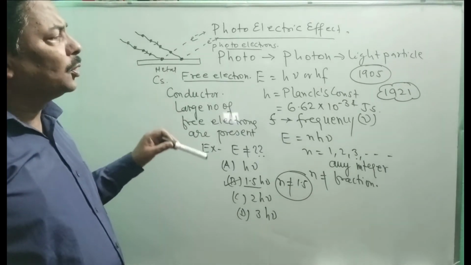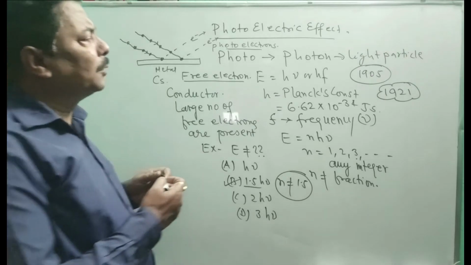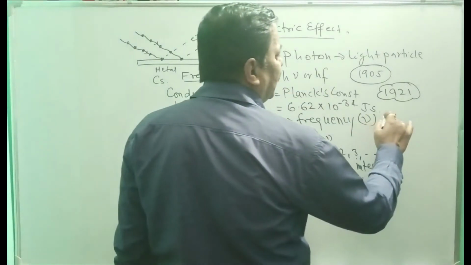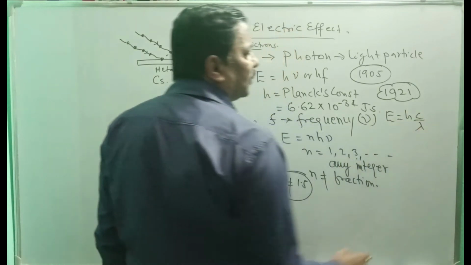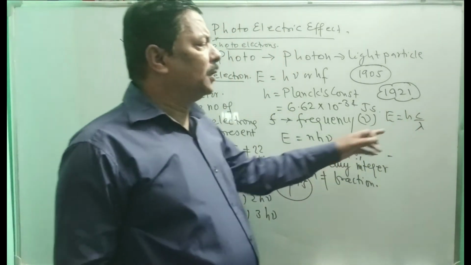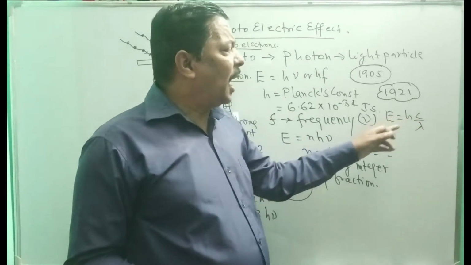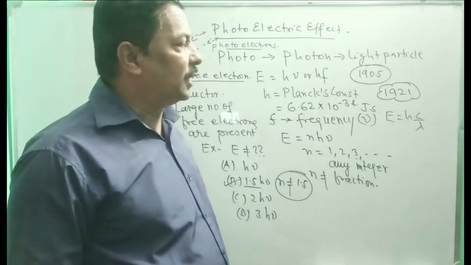One thing you should also understand is that the energy can be written as E = hc/lambda, where c is the speed of light and lambda is the wavelength associated with the light.